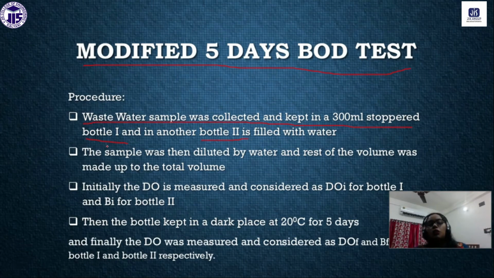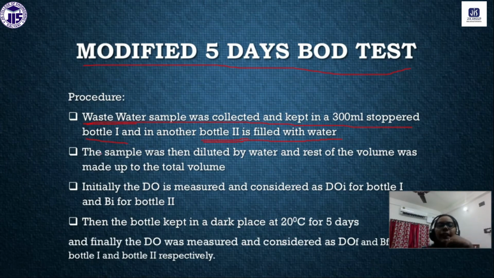In bottle 1 we have taken wastewater sample and water, and bottle 2 is filled only with the water. So in bottle 1 we have taken wastewater, in bottle 2 only the water we have taken.